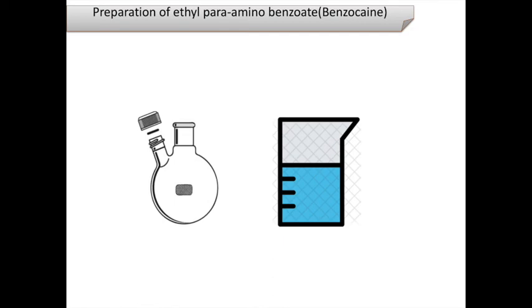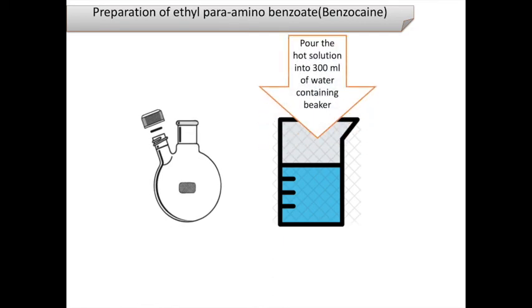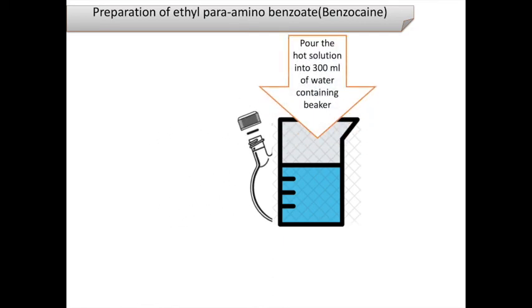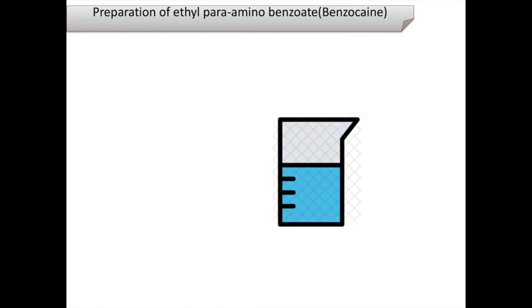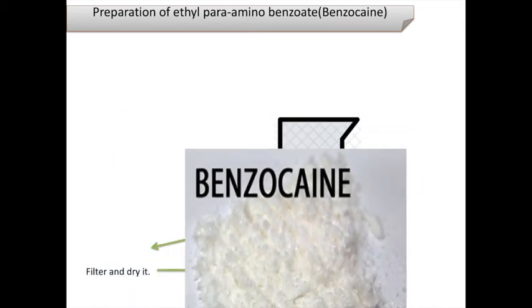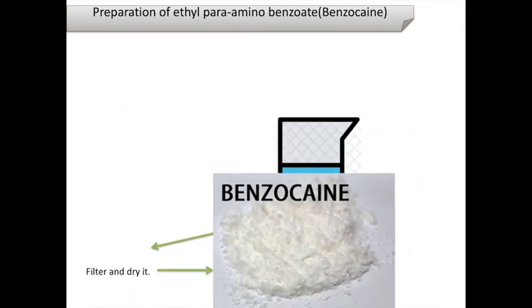It's better to pour that hot solution into 300 ml of water and add sodium carbonate solution to make it neutral, and after this neutralization, filter off the precipitate and dry it in air to get the product, ethyl para-aminobenzoate.